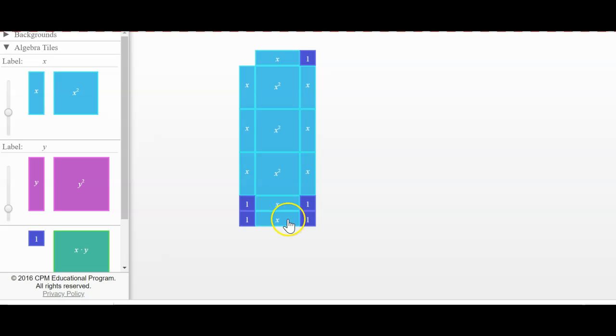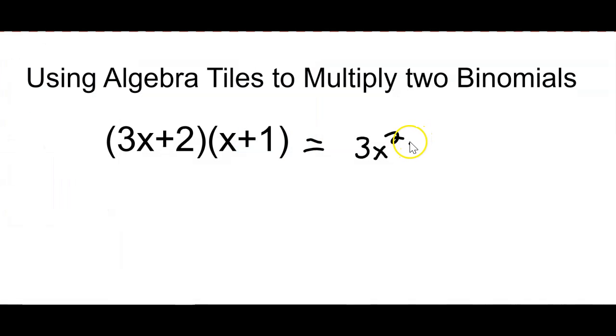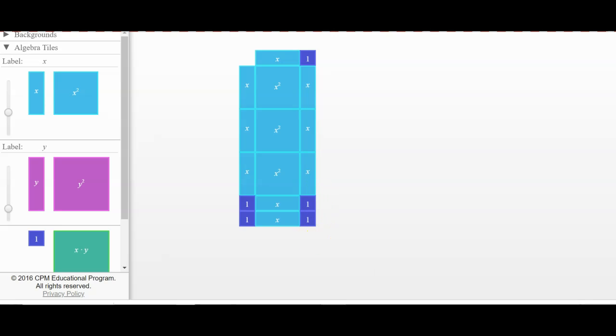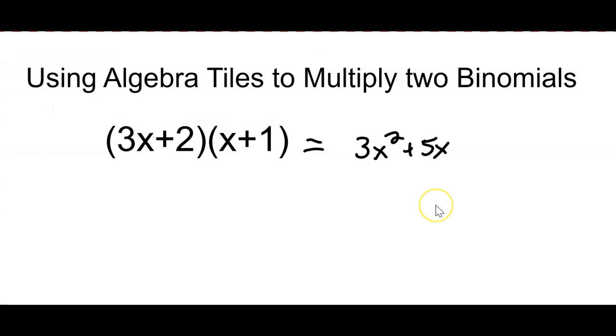We've got 1, 2, 3, 4, 5 x's. So plus 5x. And then we had, I believe, 2 ones there, 2 units. Working with those is a great way to represent something that's very abstract with something tactile that the students can manipulate and learn how to multiply binomials.